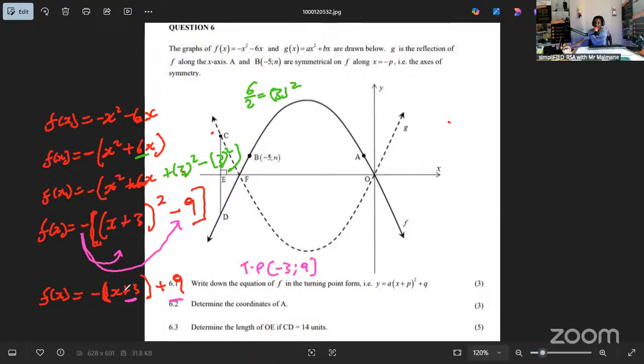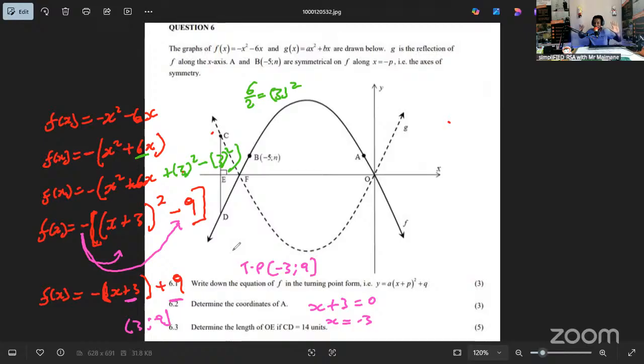However, if it was x minus 3, then the turning point would be positive 3 and 9. The reason we look at it like that is because if you have x plus 3 equal to 0, when you take the 3 to the other side, it becomes a negative. So if it's positive, you put it as negative in the turning point. If it's negative, you put it as a positive in the turning point.